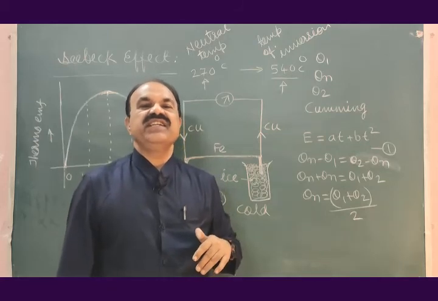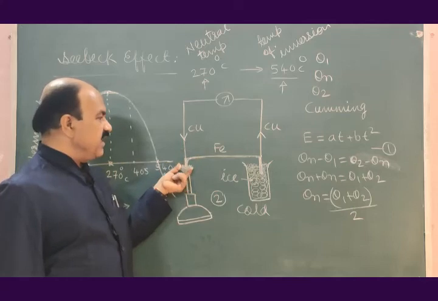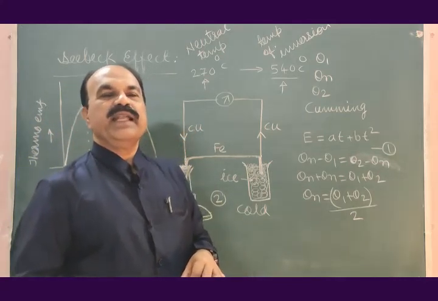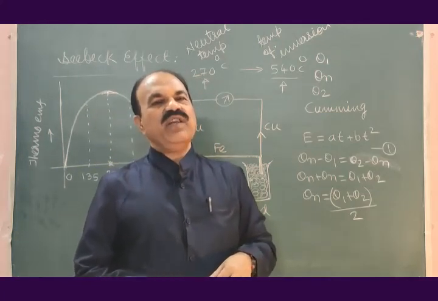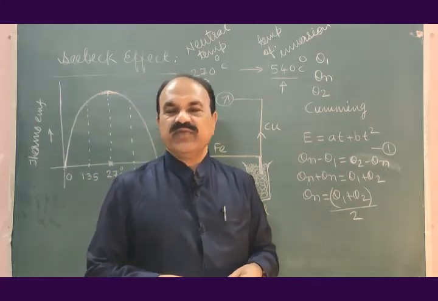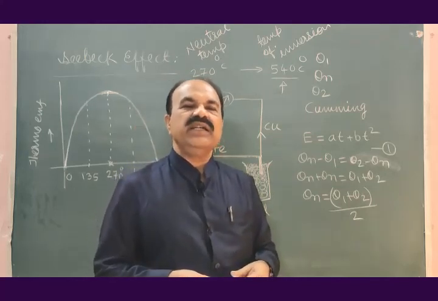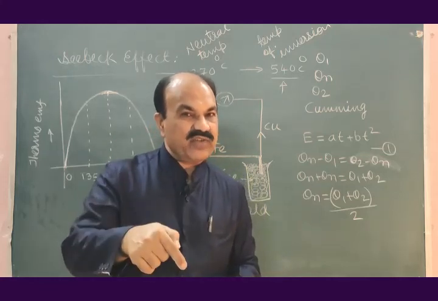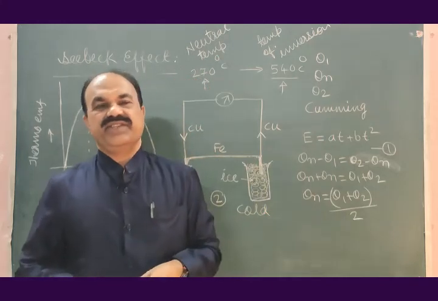It means that the potential difference between this metal and this metal is decreasing. As the potential difference decreases, the number of electrons flowing from low potential to high potential decreases. As the number of electrons flowing per second from one metal to the other decreases continuously, because of the continuous decrease of the potential difference, the current starts decreasing.